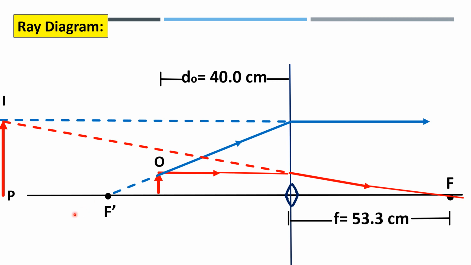As you can see, it's located far beyond one focal length. Our focal length is about 53.3 centimeters, but it looks like the image distance is much farther from the lens compared to the focal length. In fact, we had that earlier in our computation.